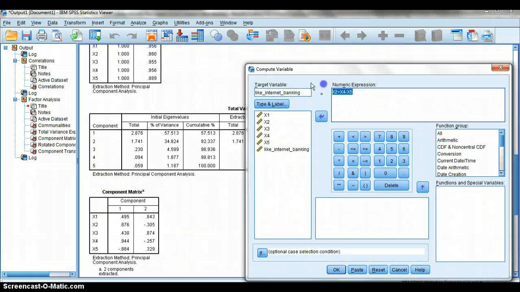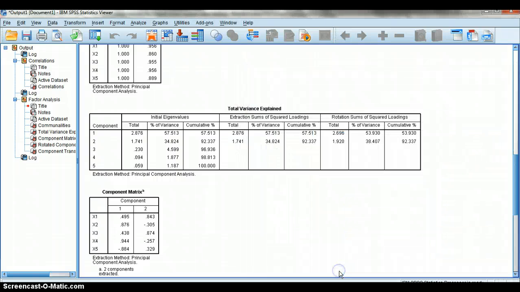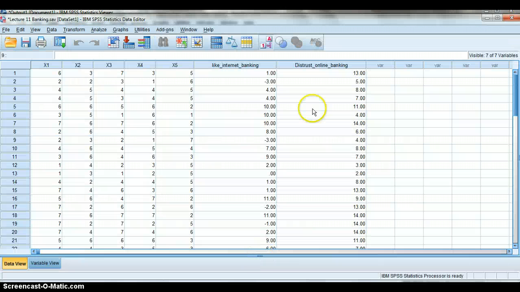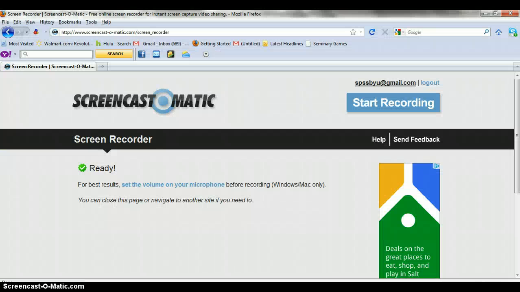And number 2, factor number 2. I'm adding x1 and x3. This one is they distrust online banking. Okay. I'm just going to check that these are made, and they were.